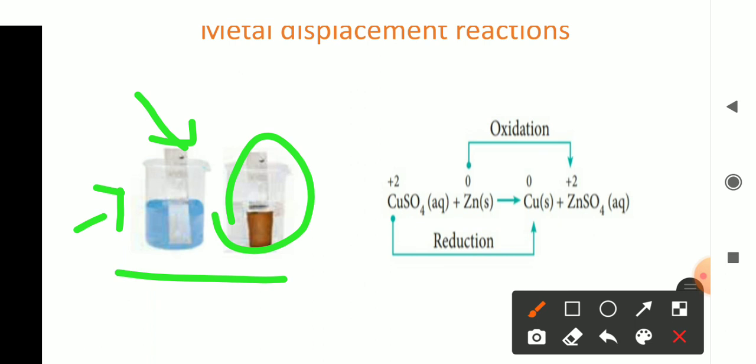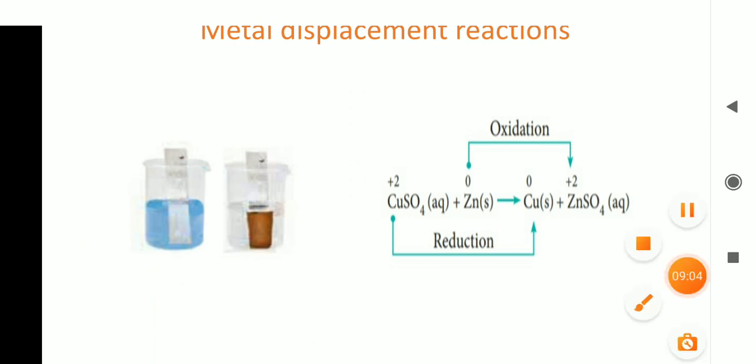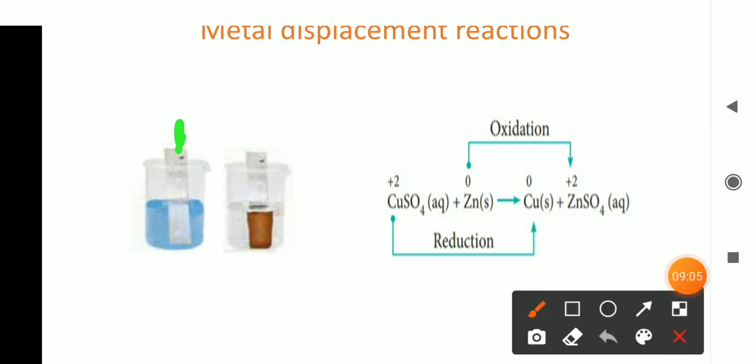It is due to the displacement reaction. The zinc from this zinc rod displaces copper from the copper sulfate. Is it clear? That displacement reaction is called a metal displacement reaction.